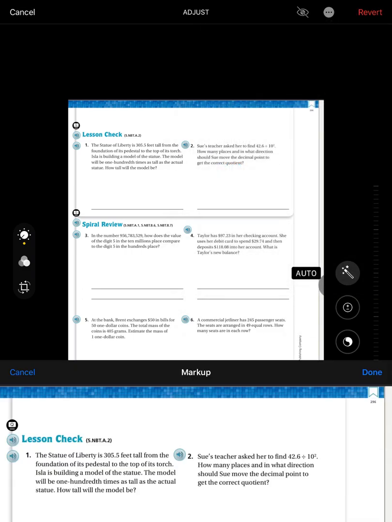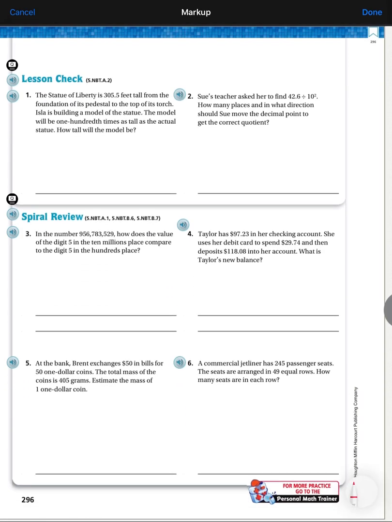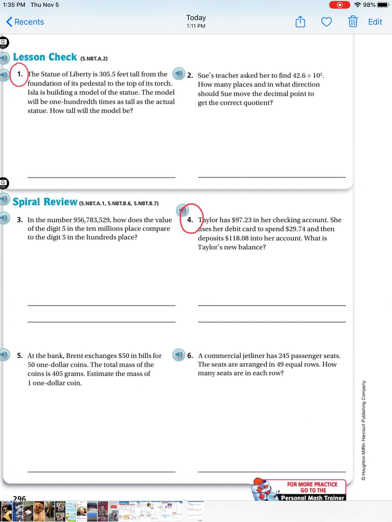Then on page 296, whoops, markup, there we go. You are going to work on number 1 and 4.